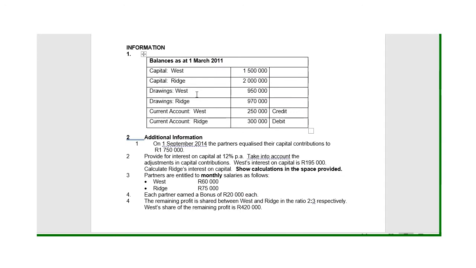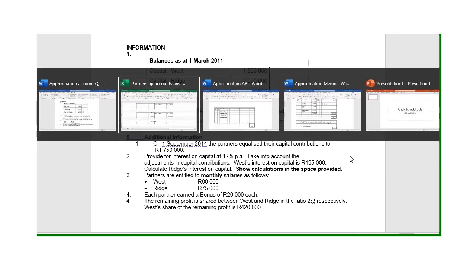Next balance, the drawings. Drawings reduce the owner's equity, so it will be on the debit side. So West 950 and Reach 970.